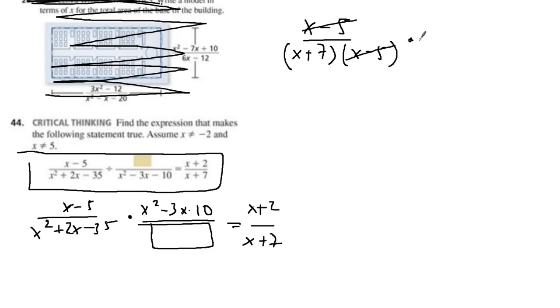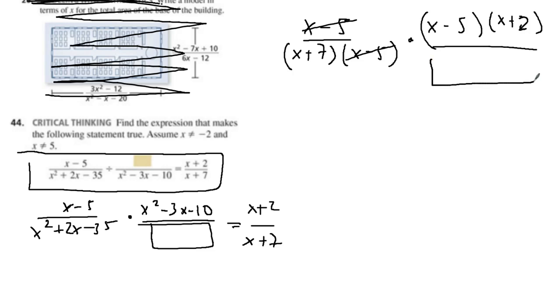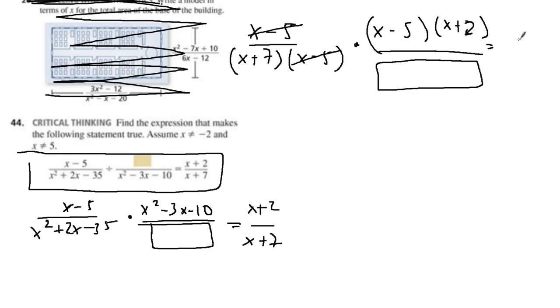Multiply that by x squared minus 3x minus 10, which is x minus 5 times x plus 2. And then this box right here equals x plus 2 over x plus 7.